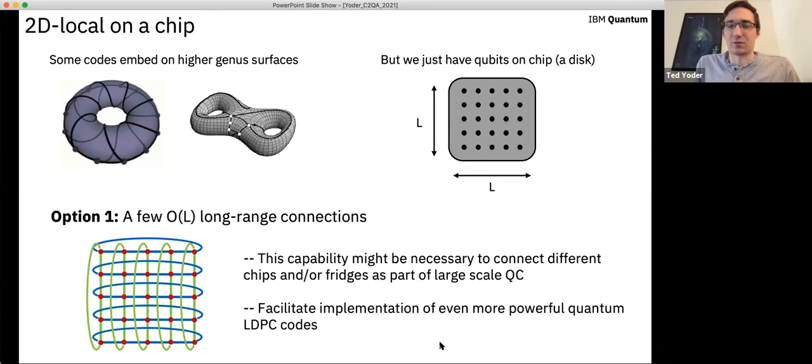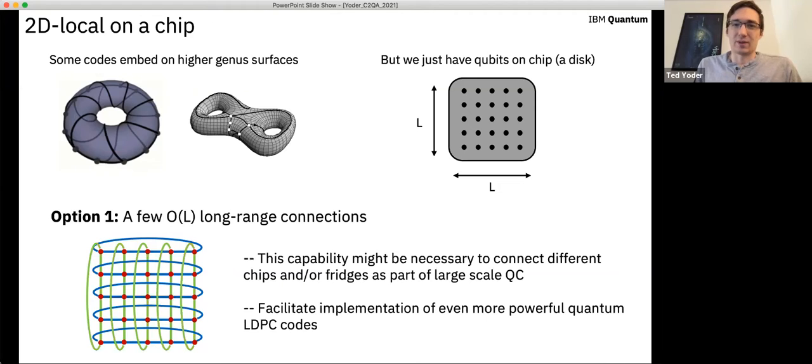So I sort of want to probe the center: how easy would this be to implement, and is this something that you would be interested in thinking about? It's not just for implementing the codes that I'm talking about here, though. This capability might also be important to connect different chips and fridges as part of a large-scale quantum computer anyway.